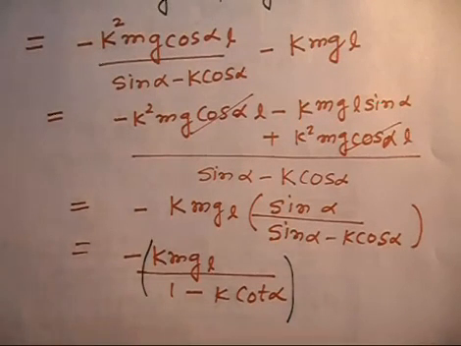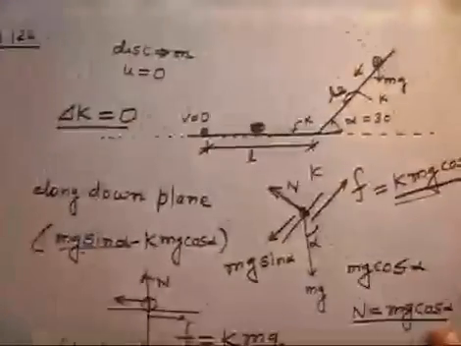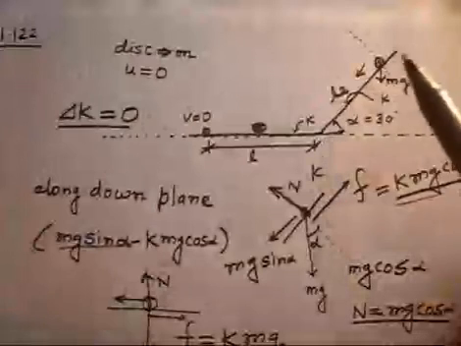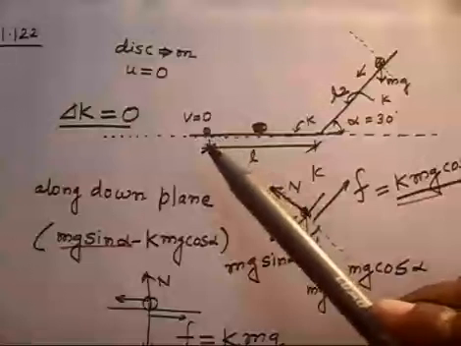So if you see this problem, this problem is basically finding the work done by the frictional forces. And one indirect thing is I don't know the value here. What is the distance from here to here? This we can find because I know the velocity here and I know the velocity here.